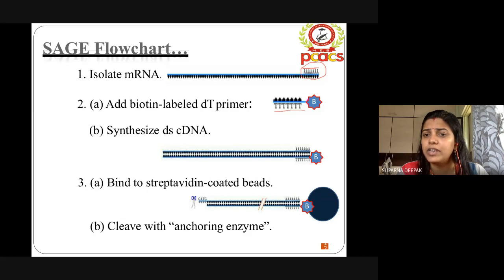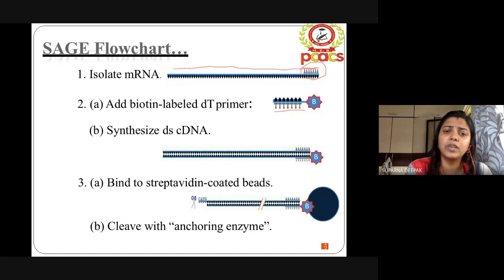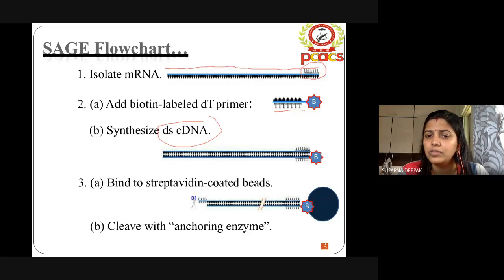Using this poly T and reverse transcriptase, I can synthesize another molecule, and that will give you a double-stranded cDNA. That is how double-stranded cDNA is produced. Am I clear?